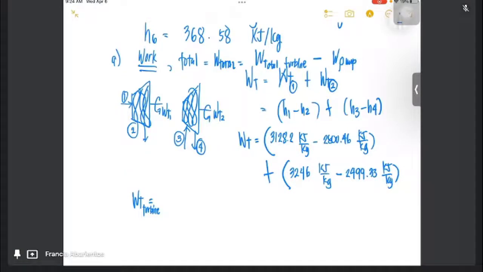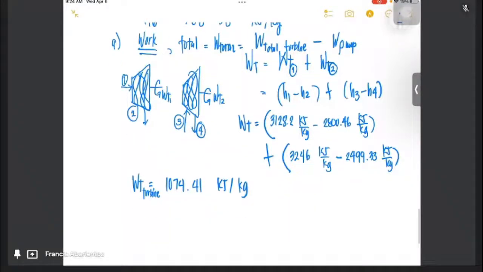Minus 2,800.46. Okay. We have now 1074.41. So this is not yet it. We need to determine the total work.